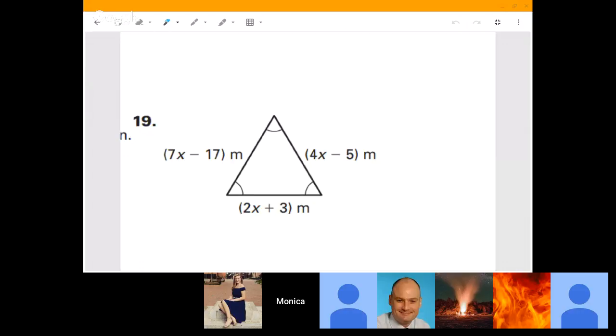What does the diagram tell us about this triangle? That's not the same problem you have on your worksheet?